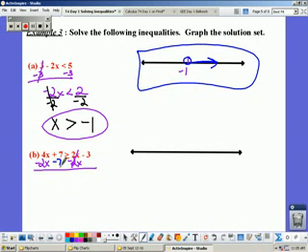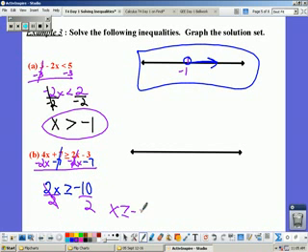So I'm going to subtract 7. And so I get 2x is greater than or equal to negative 10. Solve for x, divide by 2, and so x is greater than or equal to negative 5.